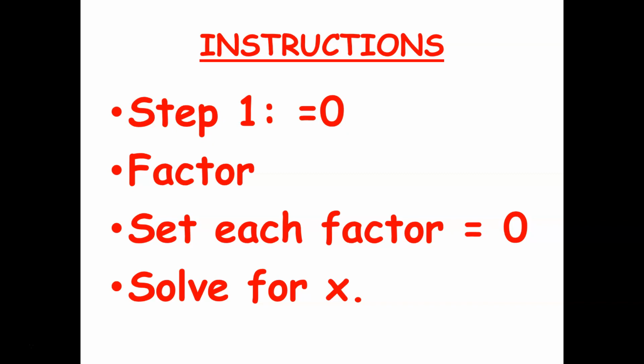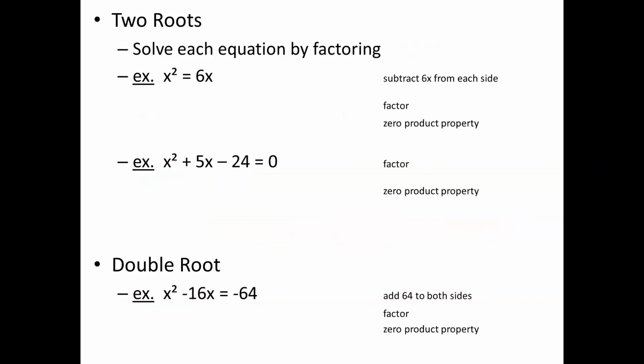Okay, I hope you got that, because now let's do some examples. So here we have x squared equals 6x. Remember, from our instructions on the previous page, we need to make it equal to 0. So we need to get rid of that 6x. That's a positive 6x.